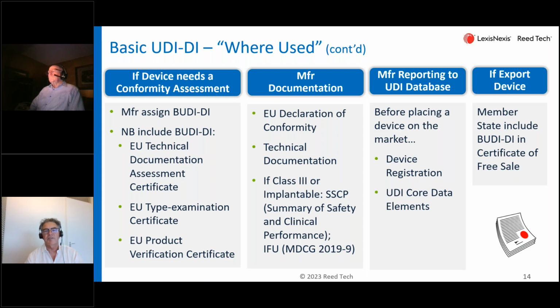That's basically what a certificate of free sale is about. So if you have access to the EU market, you can use that, including your Basic UDI, to communicate to the authorities there what your device is about. Again, it's about an unambiguous identification of a device. So this is definitely an improvement on previous versions of the certificates of free sale.